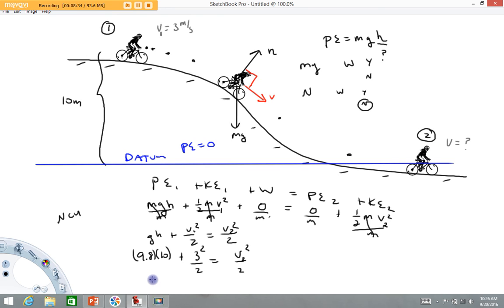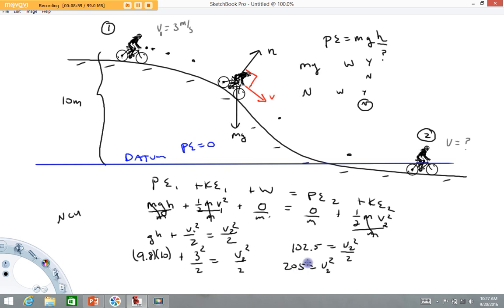So I get about 102.5 for this term right here. I'm going to rewrite this equation up here. So we're going to have about 102.5 equals v2 squared over 2. If we multiply by 2, this is now 205 equals v2 squared, and then we would square root both sides. I get about 14.3 out of that.